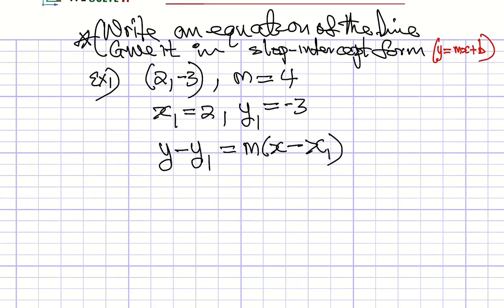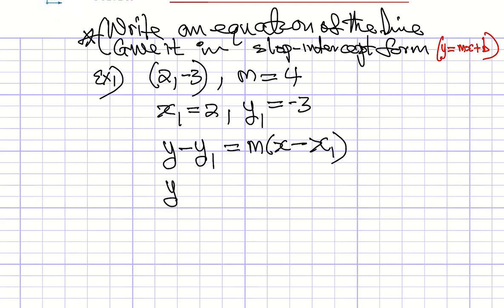Alright, so then what do you do? You carefully put all the variables in. So you have y minus 3, okay, is equal to 4 times x minus 2, since x1 is 2, you see?